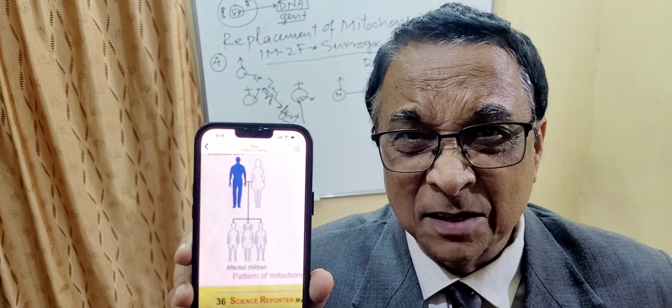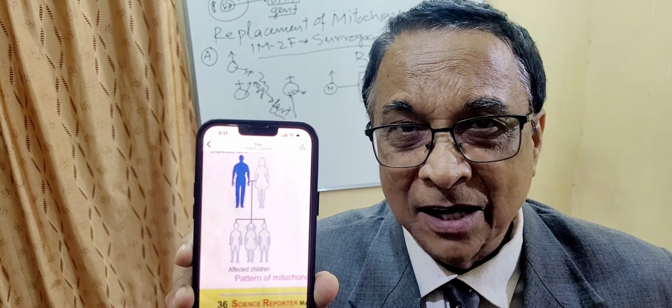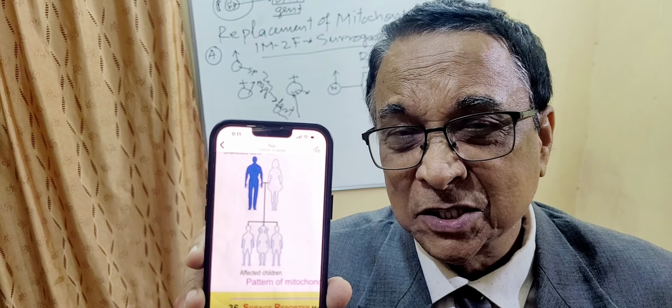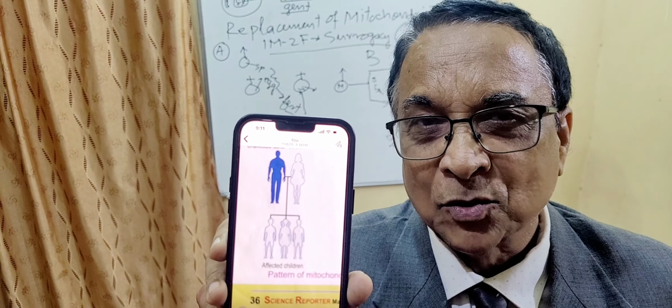You can see here in blue color, the male is normal, unaffected, and the one which is white color, the female, is having defective mitochondria.